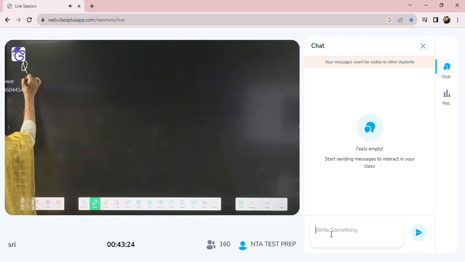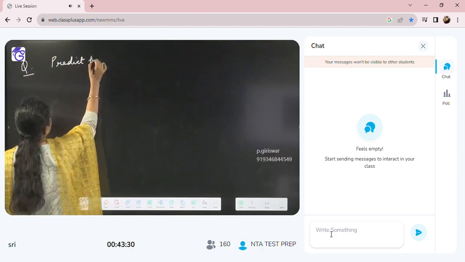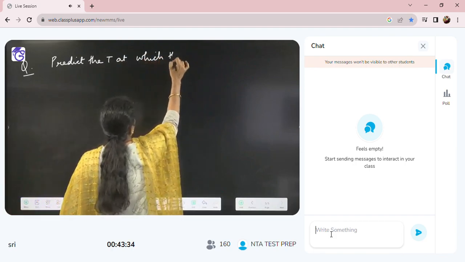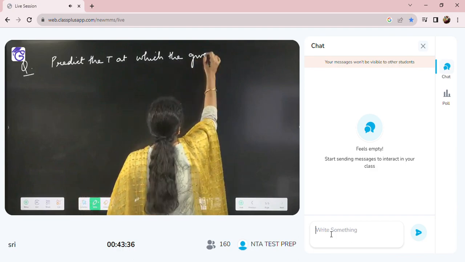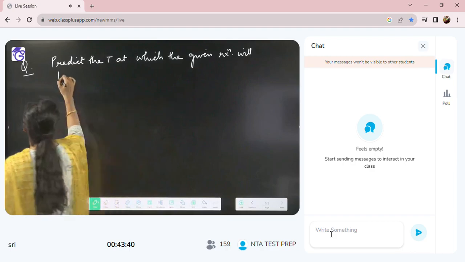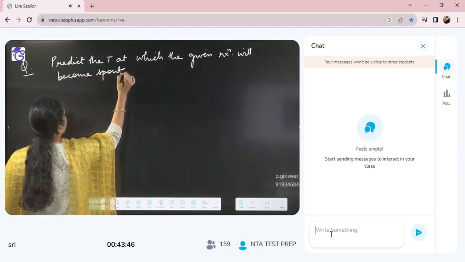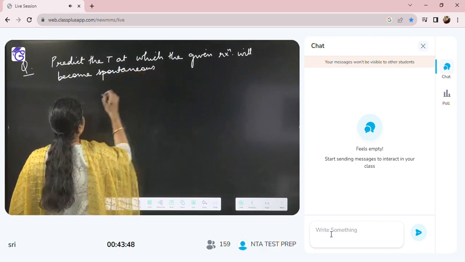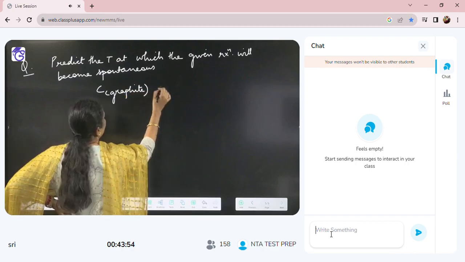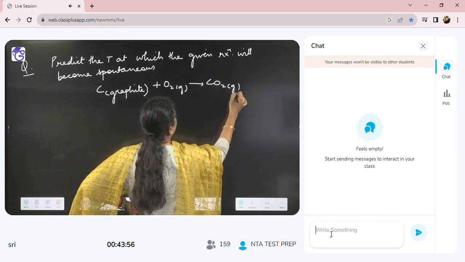So let me give you one numerical here. Predict the temperature at which the given reaction will become spontaneous. I'm writing the equation: carbon in the graphite form plus O2 gas giving you CO2 gas.